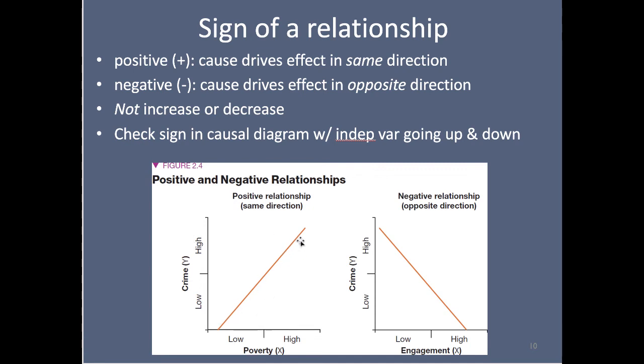Basically, as poverty increases, crime increases. With the opposite for engagement, that low engagement, according to our theory, should result in high crime on average, and higher engagement should result in lower crime on average.